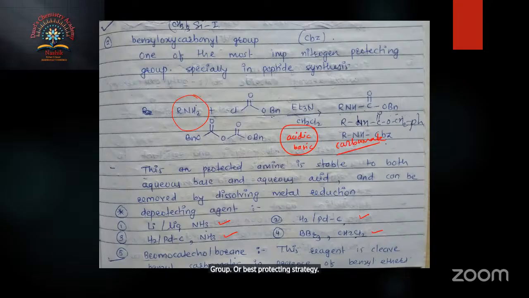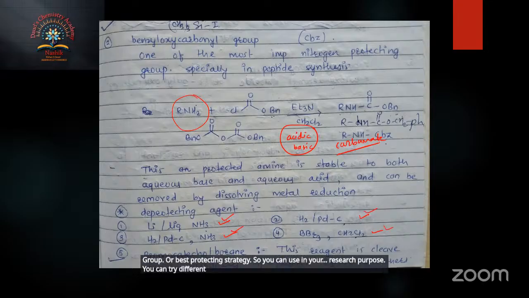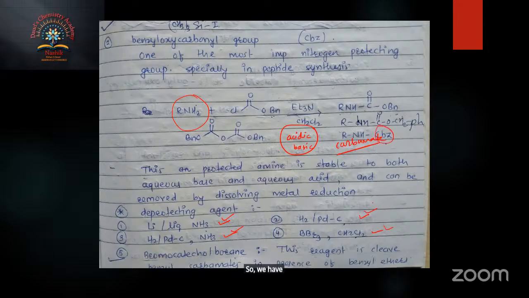So you can use it in your research. You can try different carbamate protections. We have Cbz first, right? First we have seen methyl carbamate, then Cbz, the benzyloxycarbonyl group, where we have a benzyl group here. We can deprotect this benzyl again.